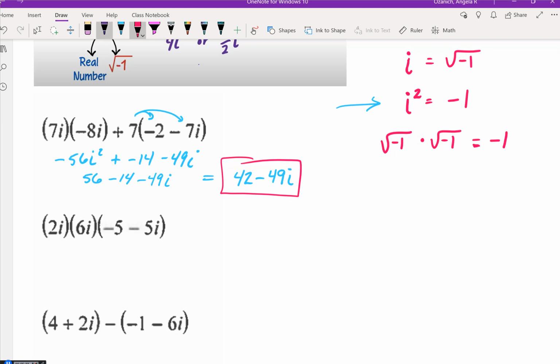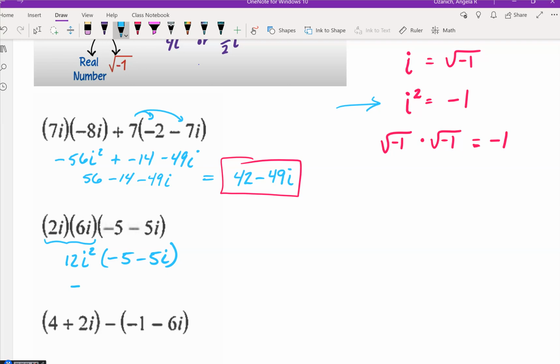Okay. Here's another example with some multiplying, and I'm going to just go ahead and multiply these first and then distribute. So we have 2 times 6, of course, is 12. i times i is i squared, which means it looks like as we continue to do this problem, number 1, I might have to get out my calculator, and number 2, this i squared becomes a negative 1.